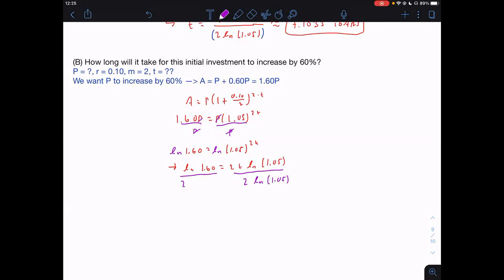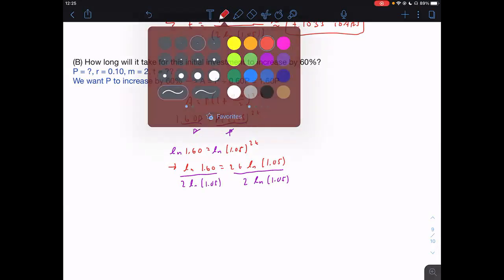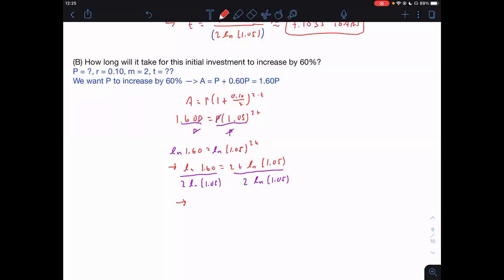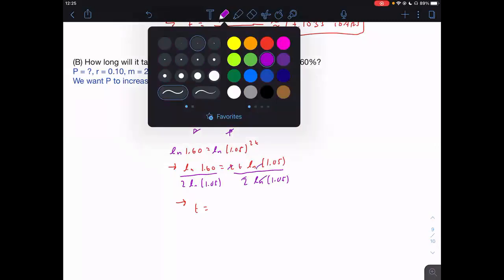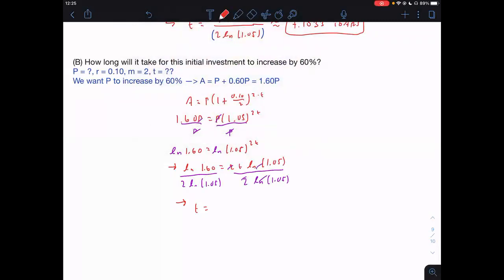So T is going to equal, again the 2's cancel out, the natural log cancels out, leaving us with T equals the natural log of 1.60 divided by twice the natural log of 1.05.